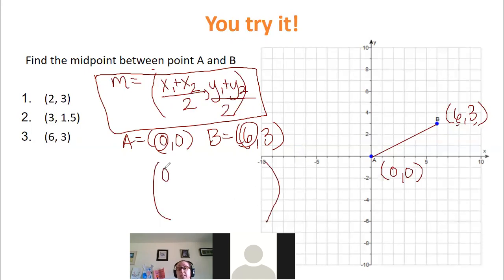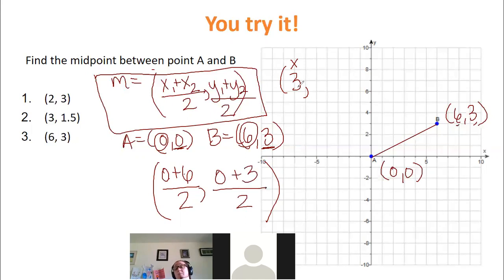So if I want 0 plus 6 and divide by 2, 0 plus 6 is 6. 6 divided by 2 is 3 for my x value. And for my y value, I take the y's and add them together and divide by 2. And what is 3 divided by 2? 1.5, yeah.